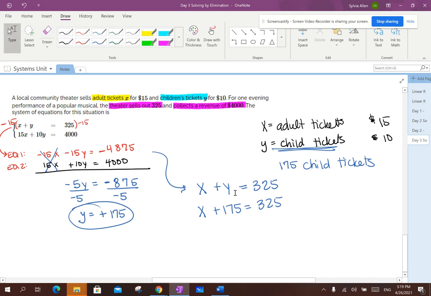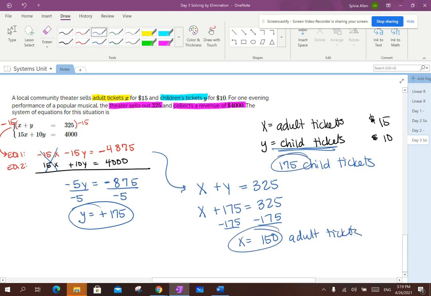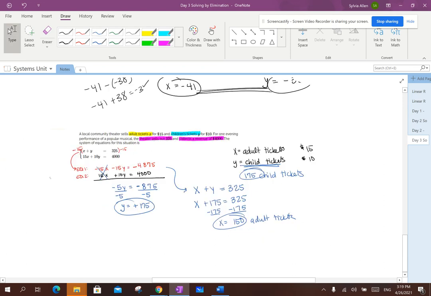So now I'm going to take my 325 and I'm going to subtract 175 so that I can see how many adult tickets there were. And it looks like there were 150 adult tickets. So pay attention to what it's asking for.